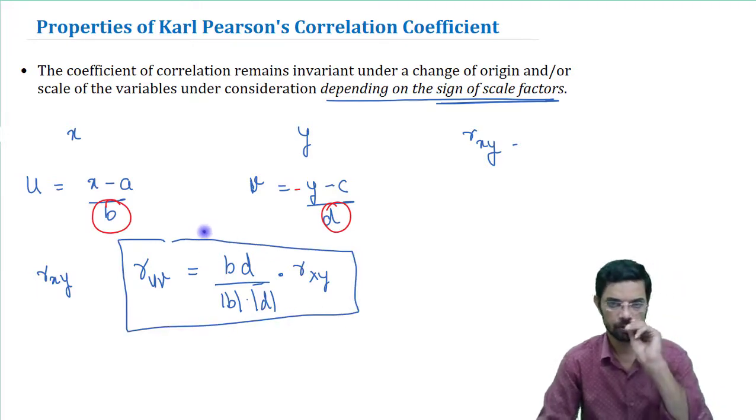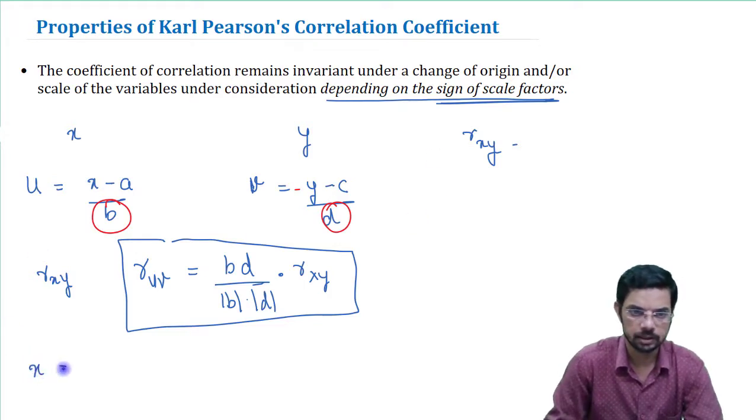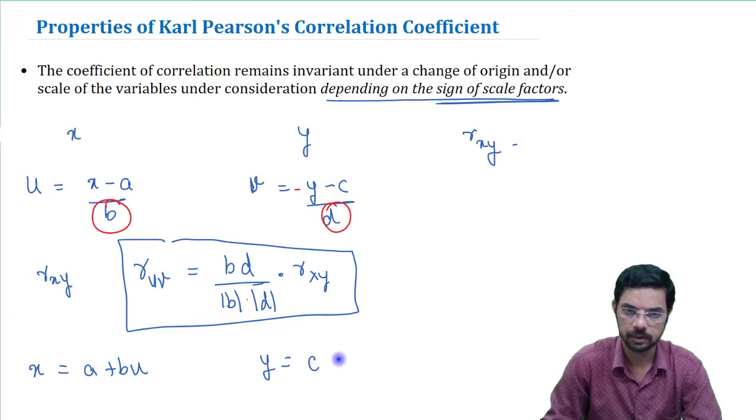Okay, there is one more way of expressing this. x can be written as a plus bu, and y is equal to c plus dv.